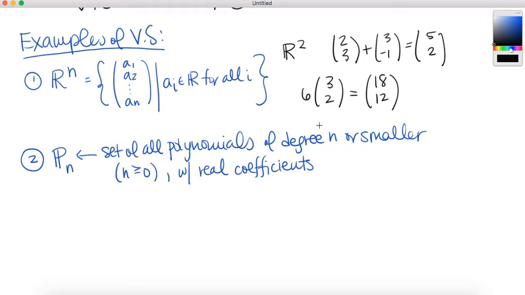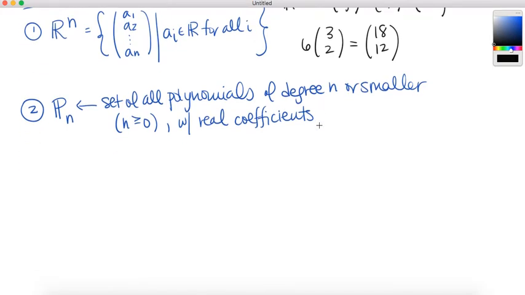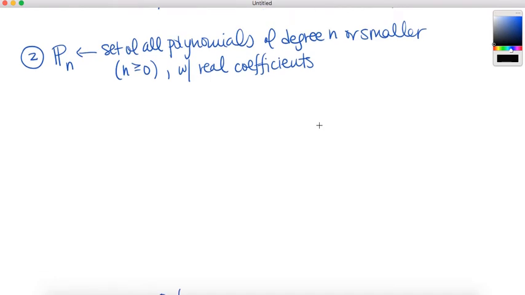All of those properties above hold for everything here. All right, so let's talk about an example that's maybe not quite so intuitive. Let's talk about here Pn, the set of all polynomials of degree n or smaller. n is a non-negative integer, and we're talking about real coefficients here.